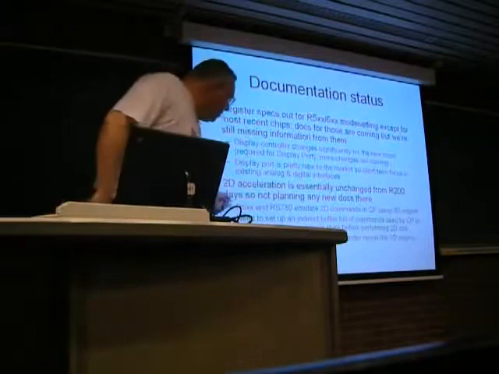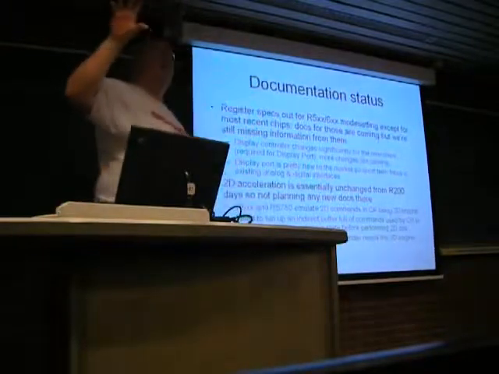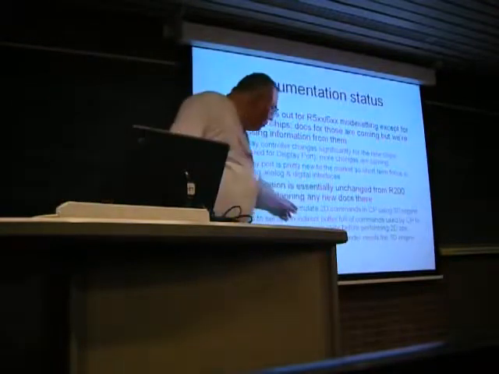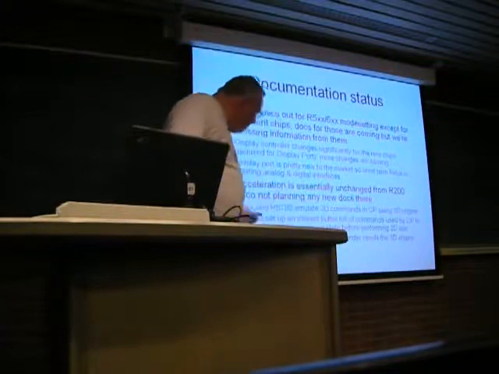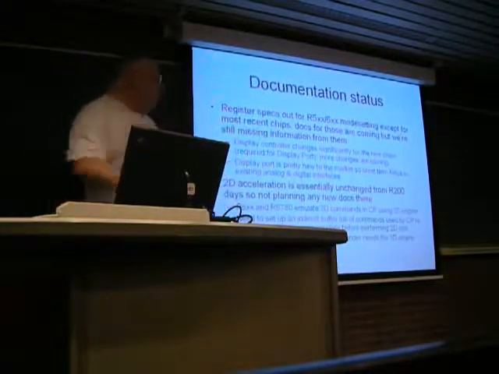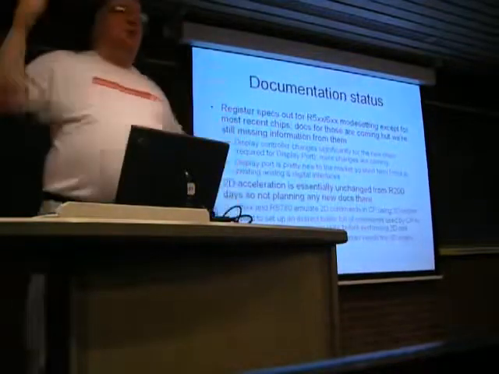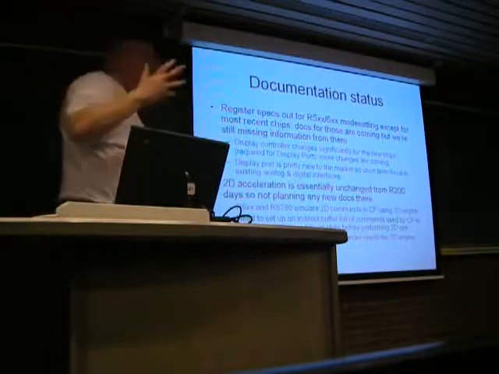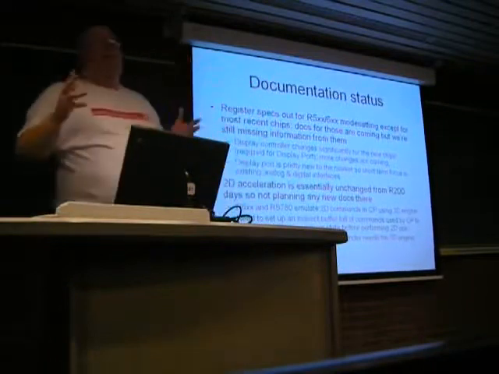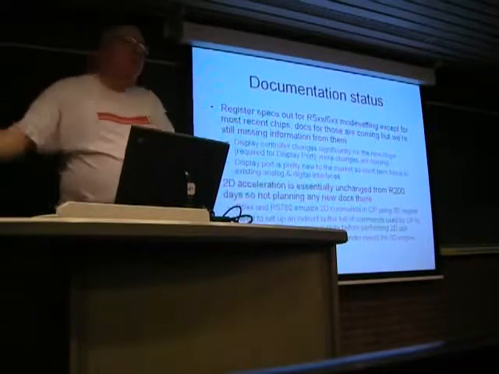On the 6XX parts and under the 780, which is the new DX10 integrated part we just got coming out, there's no 2D hardware, but as long as you use command processor programming for the 2D engine, the command processor will interpret those command packets on the 3D engine. So if it works on 5XX, it pretty much works on 6XX. There's a couple packets we dropped, but as far as we can see, we don't use them in the open source driver.